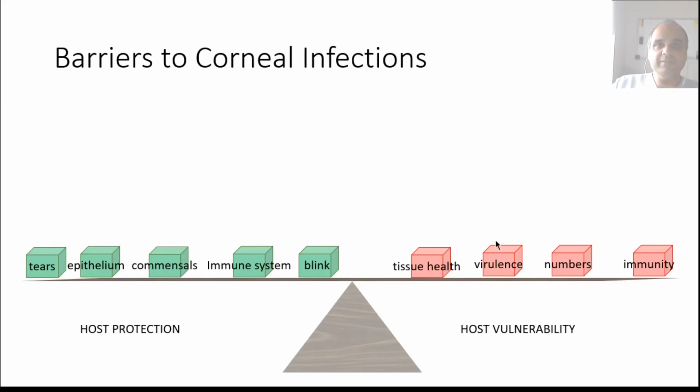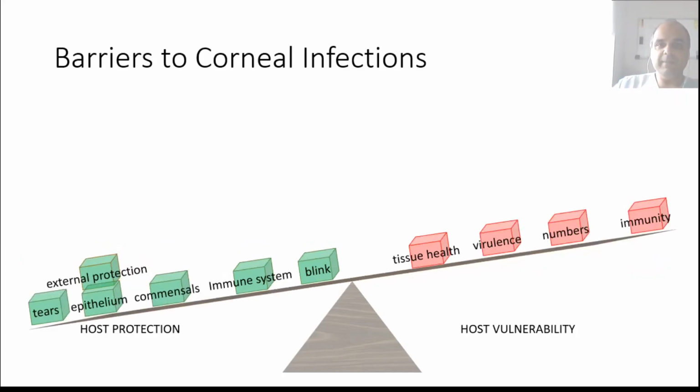The organism might be very strong, the virulence of the organism. For example, Pseudomonas can be devastating for the eye. Neisserial conjunctivitis, if not treated properly, we talked about neisserial conjunctivitis when we talked about conjunctivitis, the hyperacute variety. If you don't treat it properly, it can convert into a keratitis. And simply, if the virulence is not the issue, the pathogenic load might be so much that it will just overwhelm your defenses.